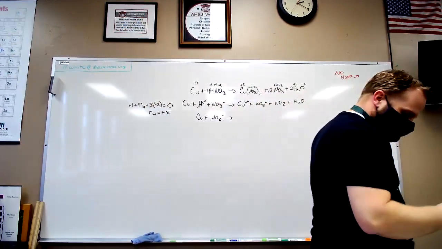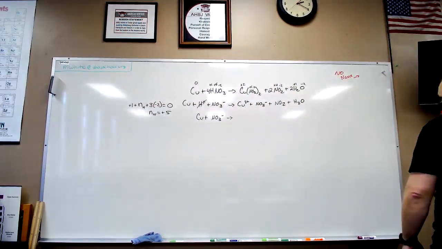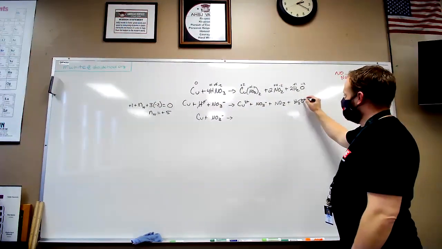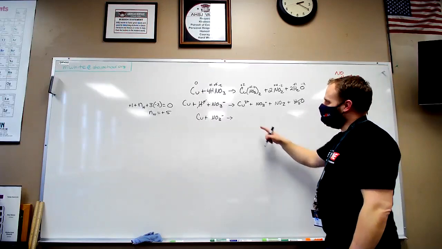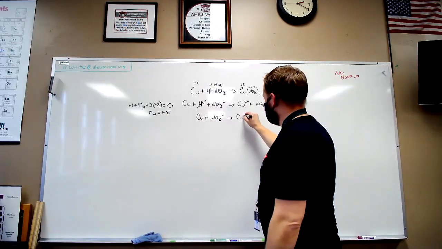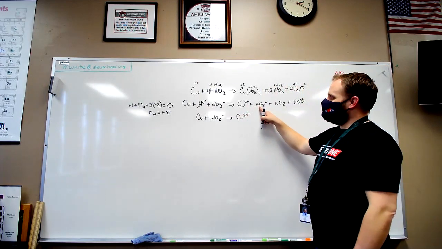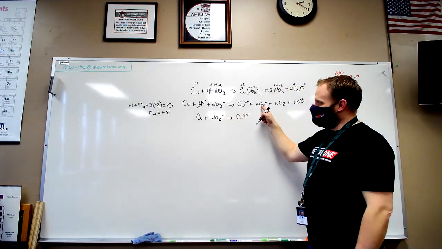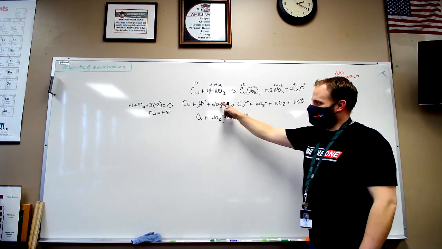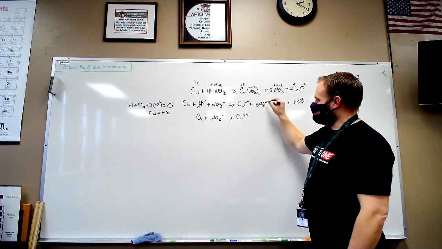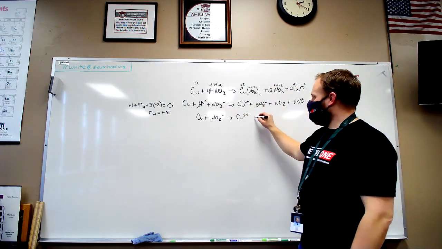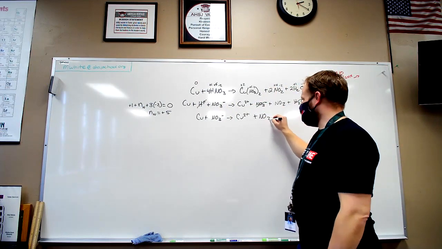And then on the other side, once again, water is the same. We need our copper there. This, because it's the same as that. Now, some of these didn't do anything, so we don't worry about those. We have that.